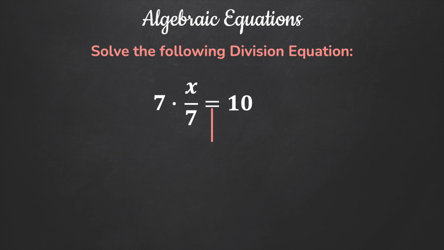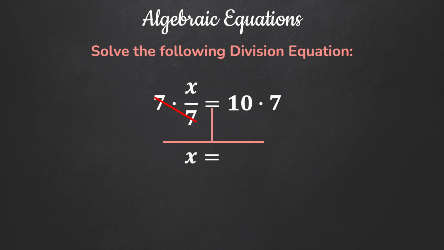And if we do that on the left side, we also have to do that on the right side to keep our equation balanced. Now, because division and multiplication are inverse operations, and because we're using the same number, these two are going to cancel out. And so I'm left with x. Then we're going to bring down the equal sign.